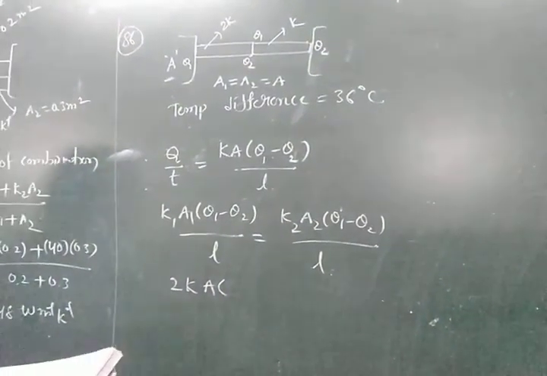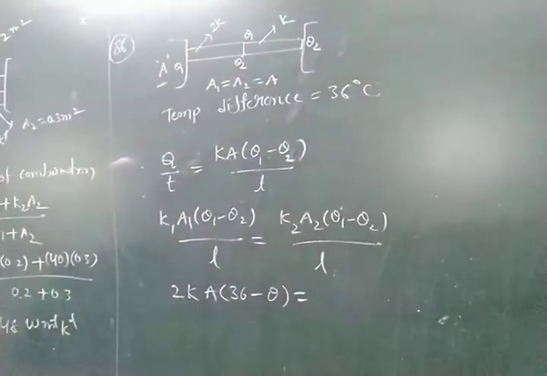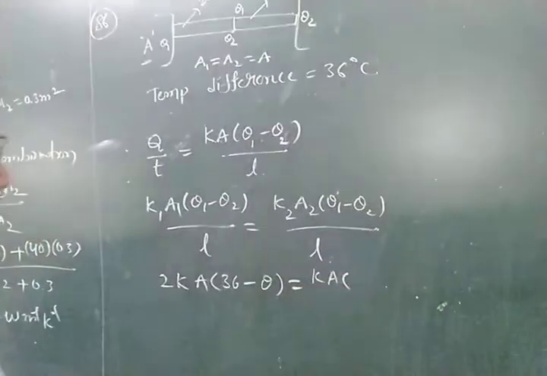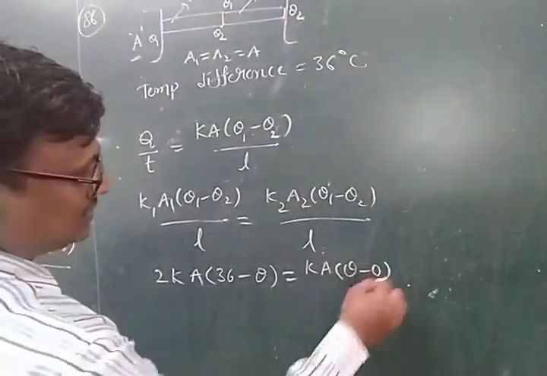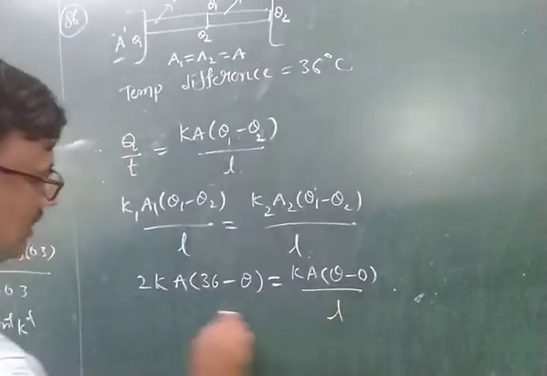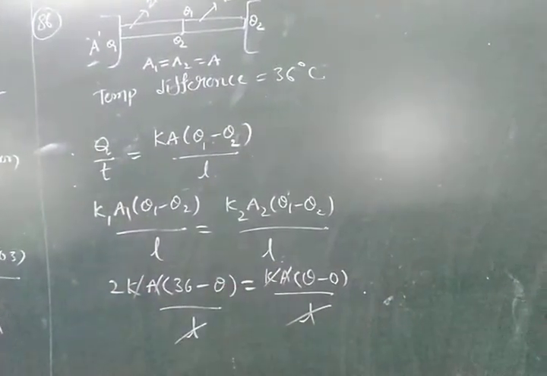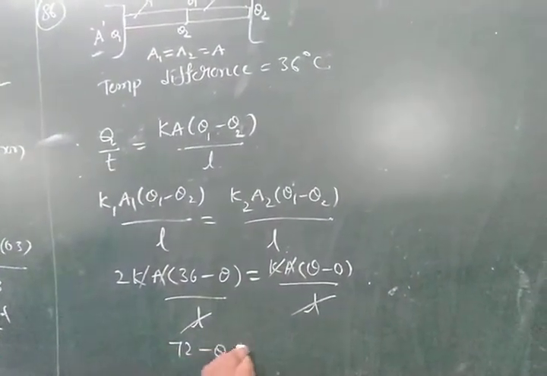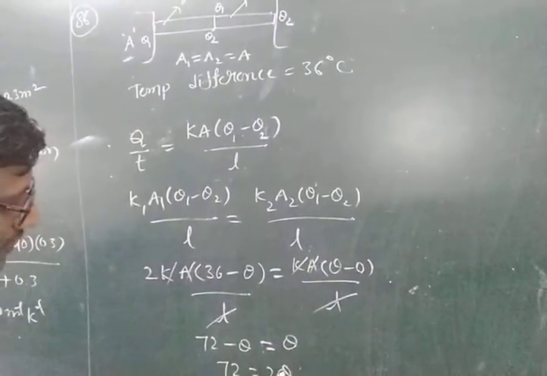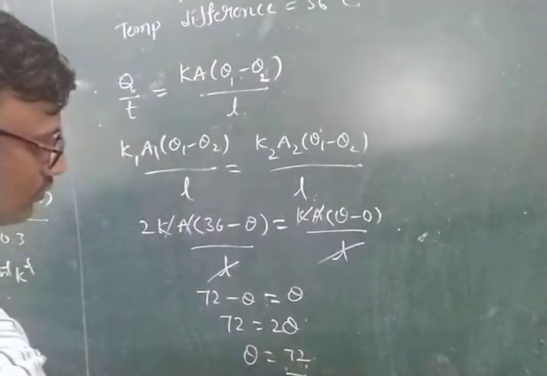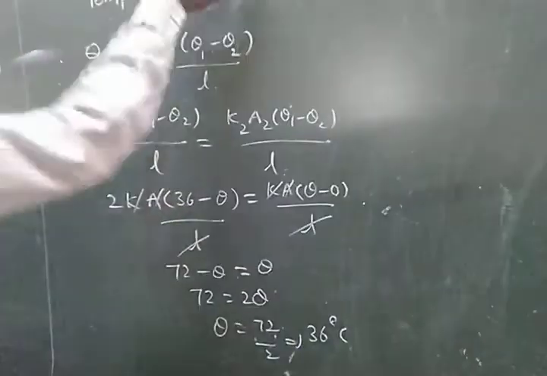Here theta 1 is given as 36, so 2K into A into (36 minus theta) equals K into A into (theta minus 0), divided by the length L. L gets cancelled, A gets cancelled, and K gets cancelled, so 72 minus 2 theta equals theta, that is 72 equals 3 theta... theta is equal to 36 degree centigrade. That is the temperature of it.